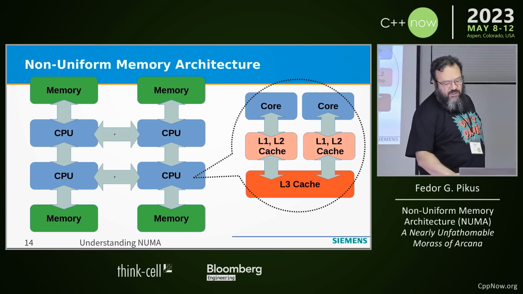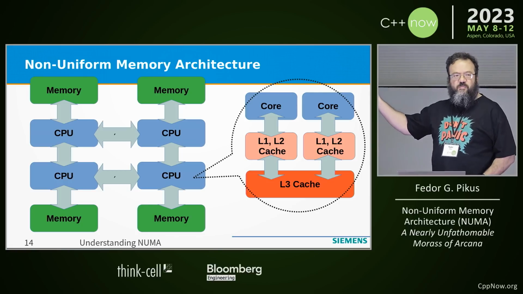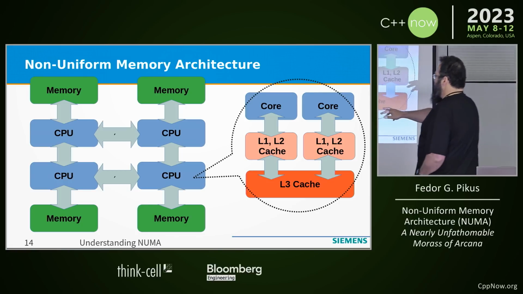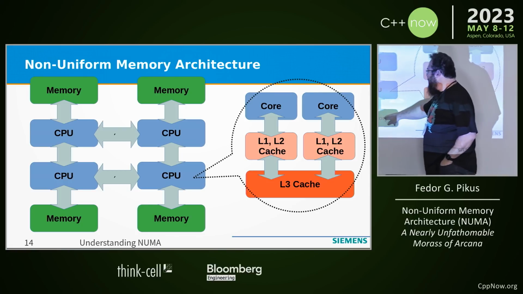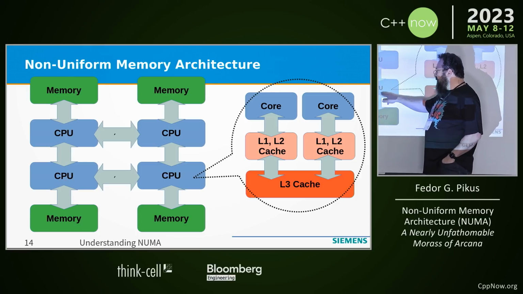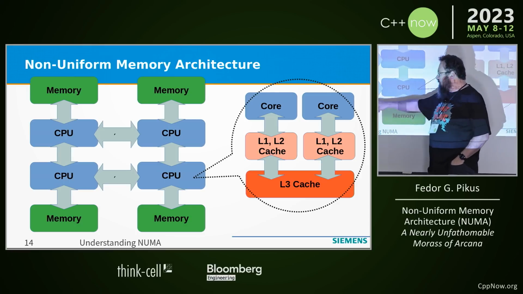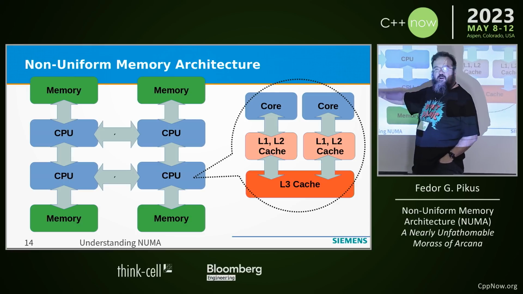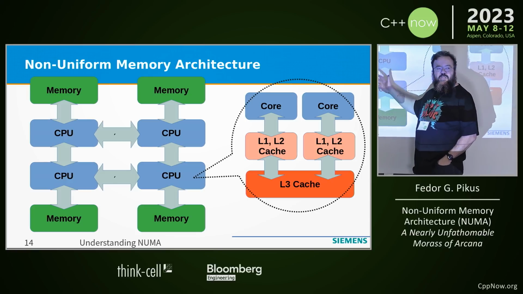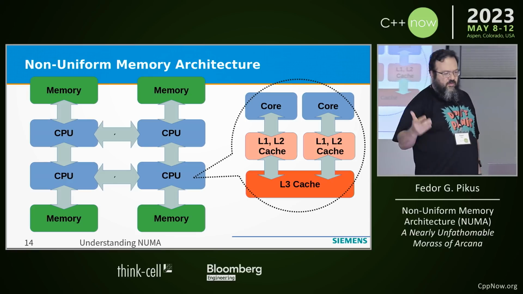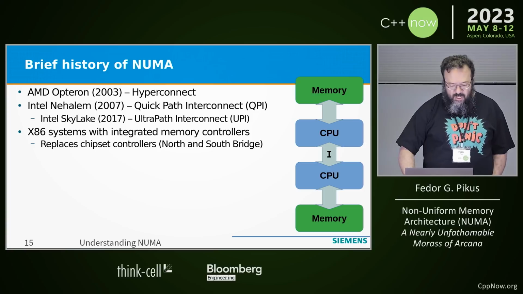But the physical memory is not symmetrically positioned with respect to the processor. So this processor works with this memory through its memory controller. This processor works with this memory through this interconnect link. So there is a non-uniformity. That's where the non-uniform comes from.